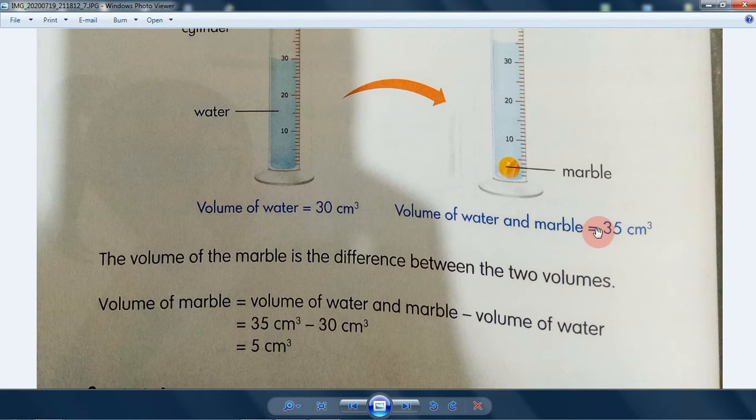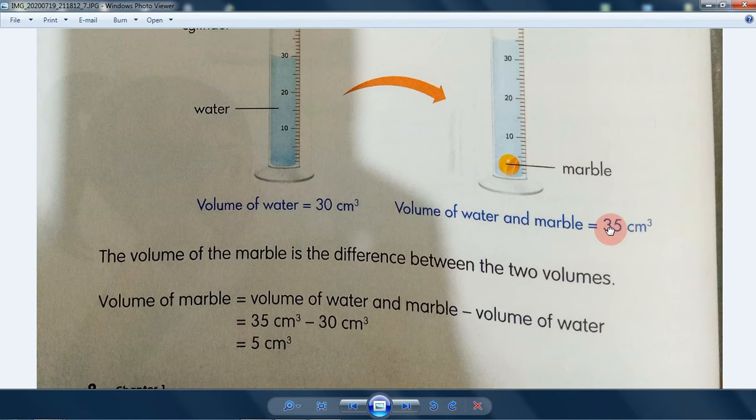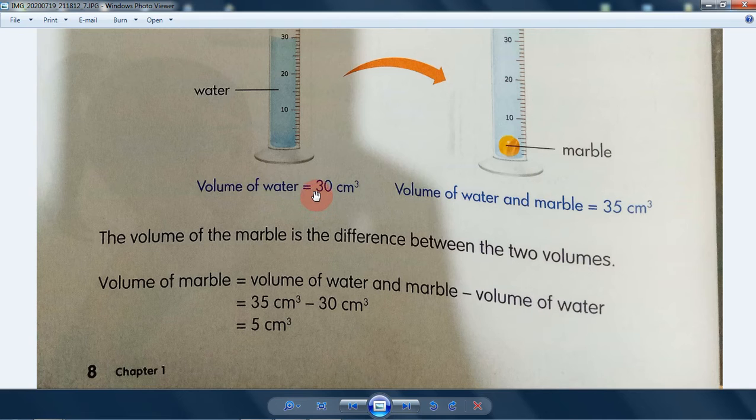So all you have to do is take the difference between 35 and 30. You just subtract. The volume of the marble is the difference between the two volumes.